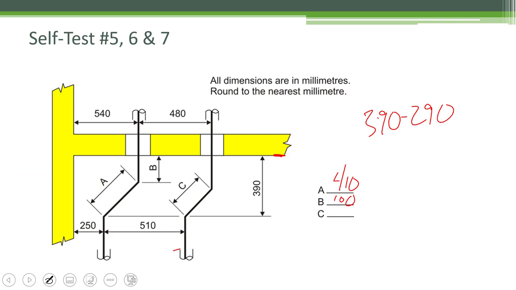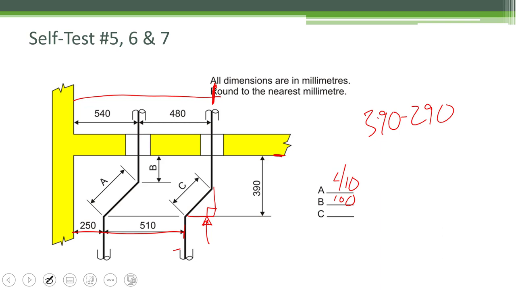Okay, and then to find C, it's really similar to how we found A. I know that I can figure out the distance from the wall to here, and I can figure out the distance from the wall to here. The difference would be this measurement right here.